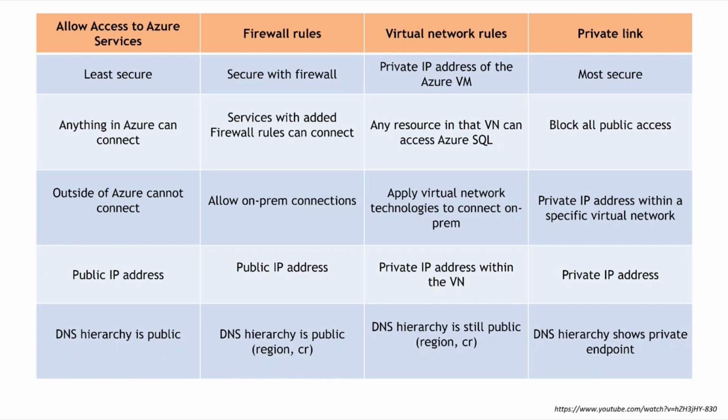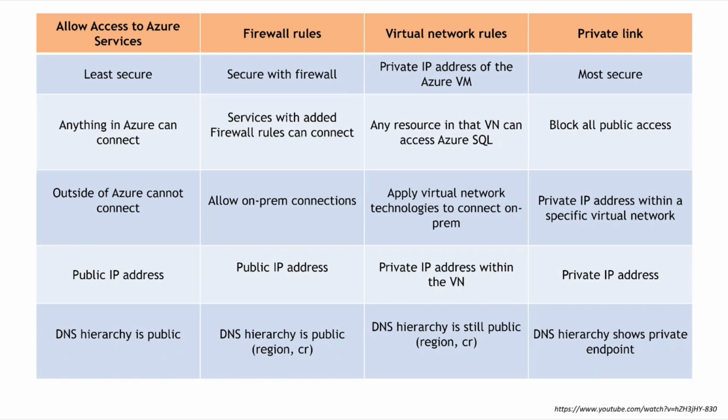It's not like the firewall rules that you create on each of those resources connecting to the database, but just one virtual network rule on the virtual network connecting to your database. And that one you will be having the private IP address for that virtual network. So here still, if you do the NS lookup, the region information, the control ring information is still available.